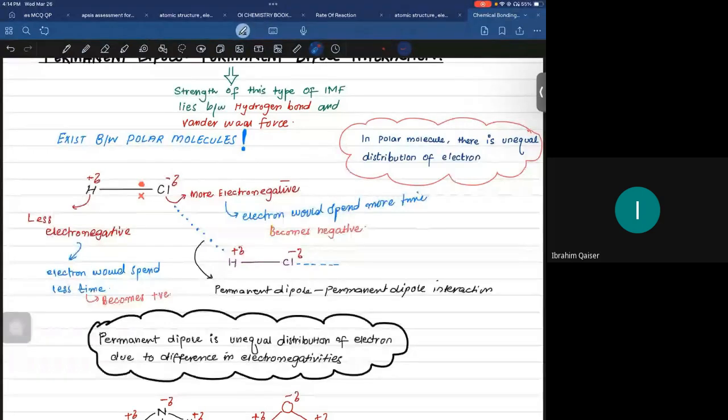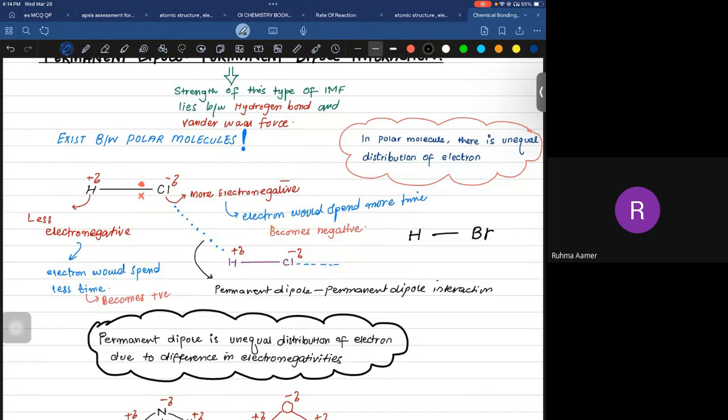So if you have a molecule in which you can see the same elements, it is non-polar. Now, say you have HBr. I have to see whether this is polar or non-polar.